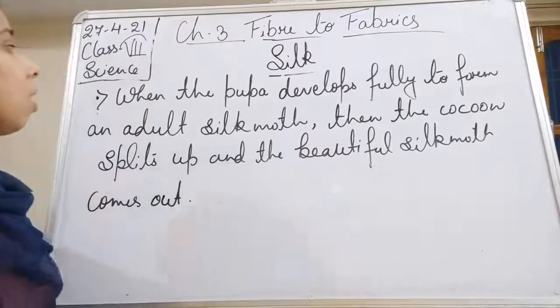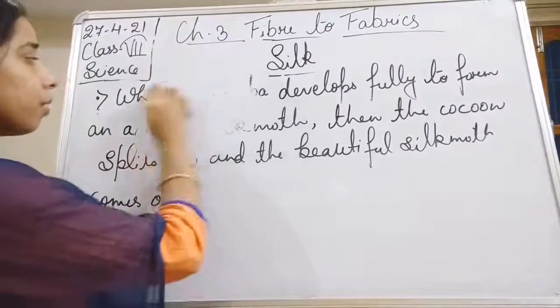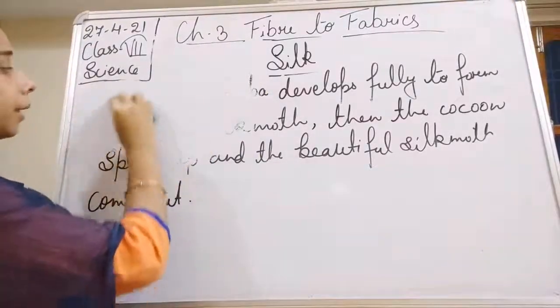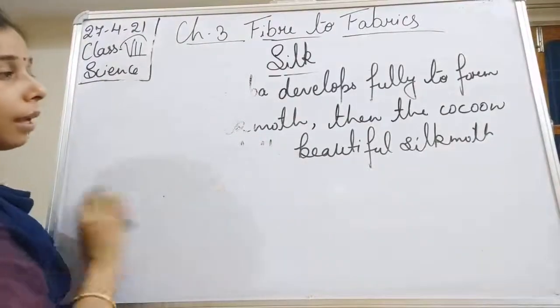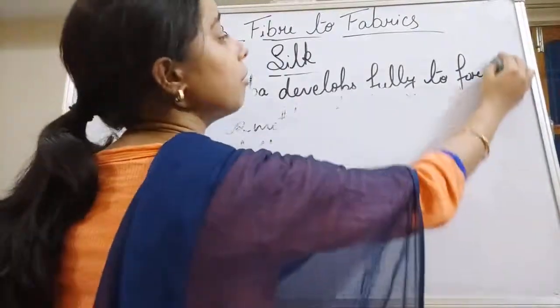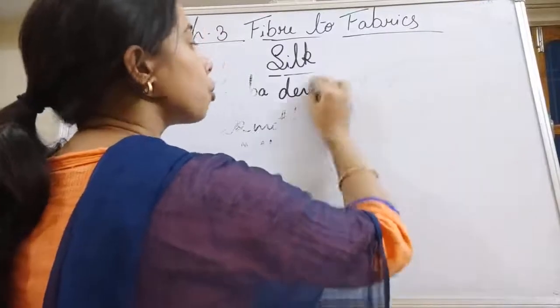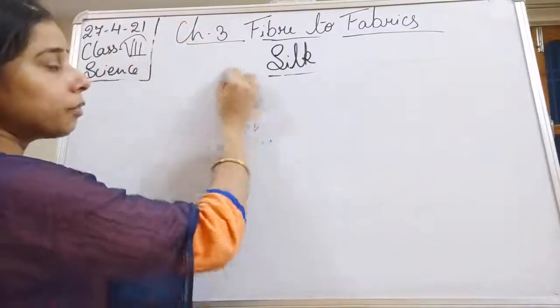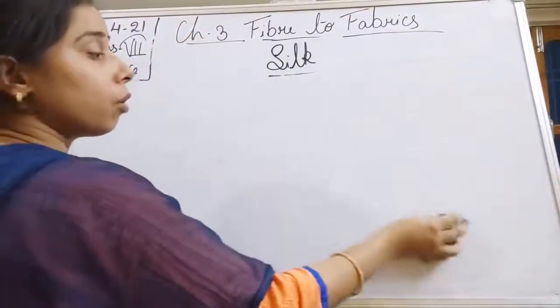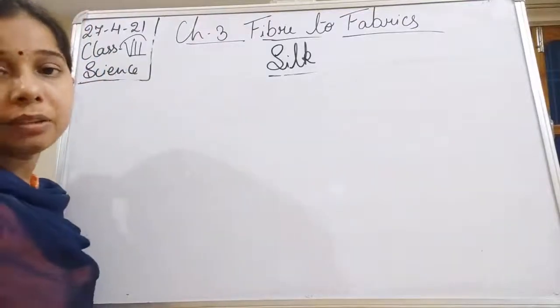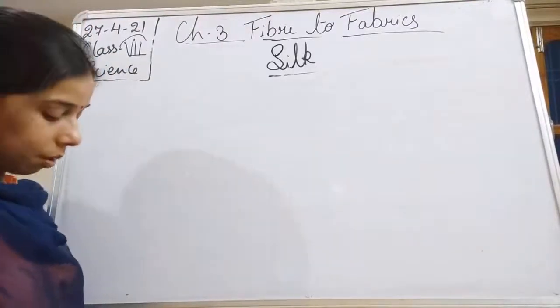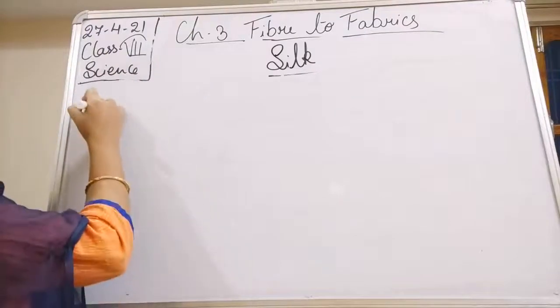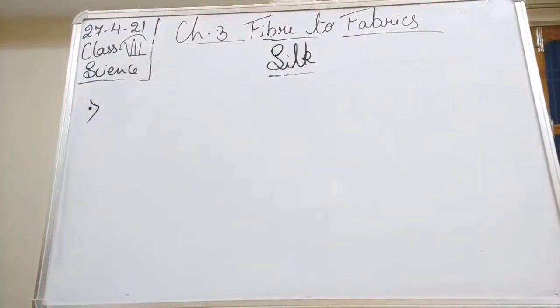Students, we have seen that the silk moth lays eggs on the mulberry leaves because they feed on the mulberry leaves. So not only to obtain silk, but the rearing or planting of the mulberry tree is also very important.